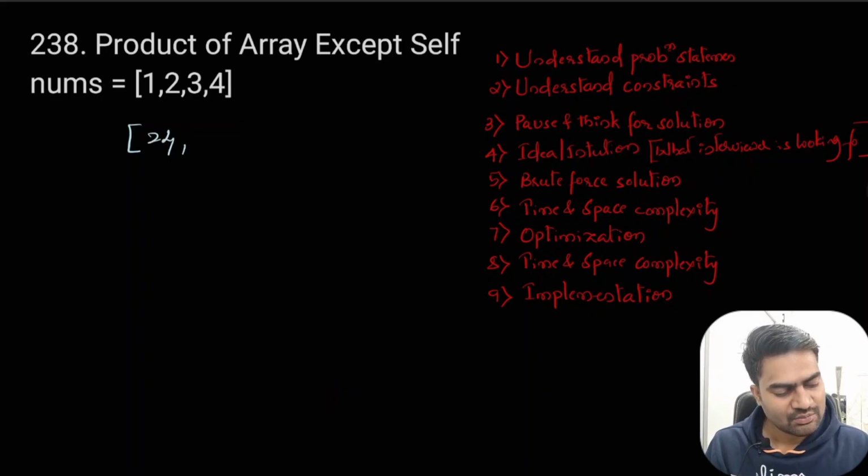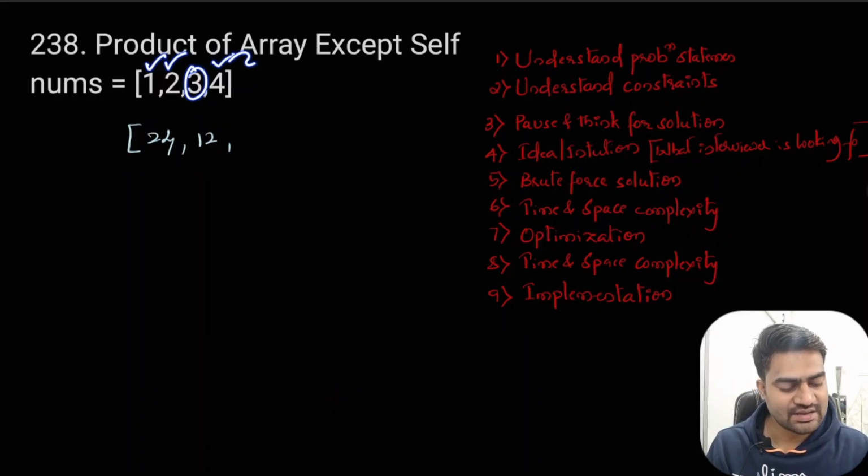Then at the place of 2, we need to consider 3, 4 and 1. So it will be 12, so I will add 12 here. Then in place of 3, I should consider 1 into 2 into 4.